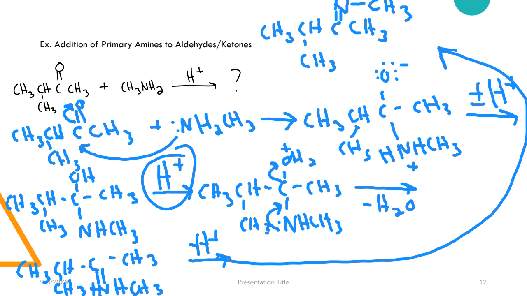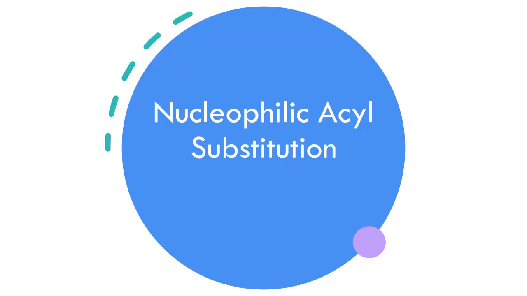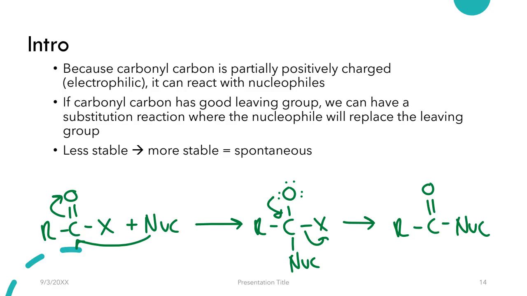Okay, so on to nucleophilic acyl substitution. The whole point of this section is that the carbon is electrophilic, which means it can react with nucleophiles. If this carbonyl compound has a good leaving group on it, like the OR groups, the leaving group can be replaced with the nucleophile, which gives a substitution reaction.